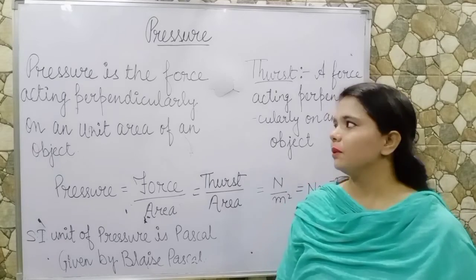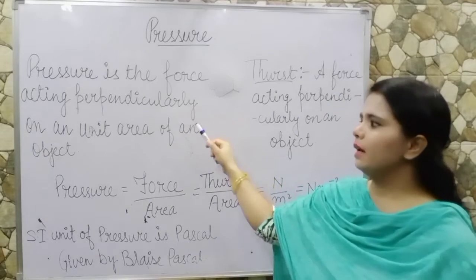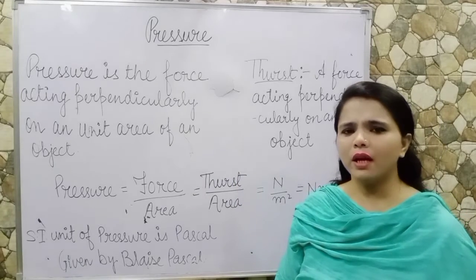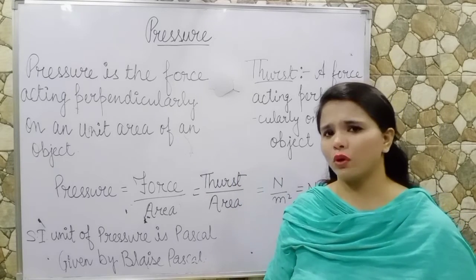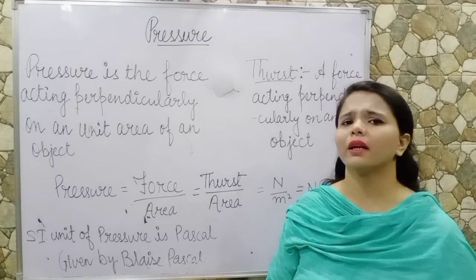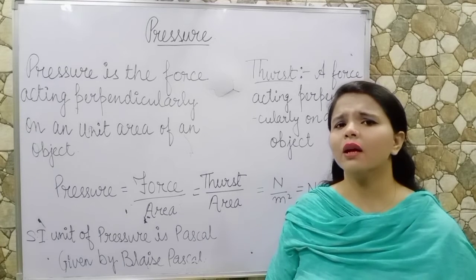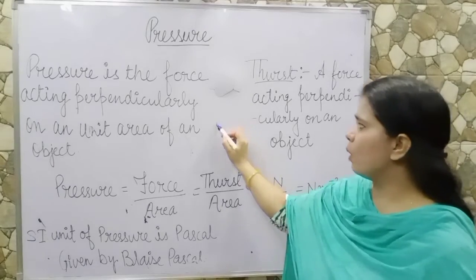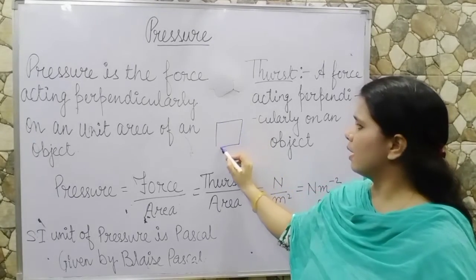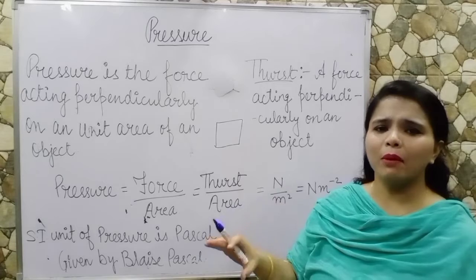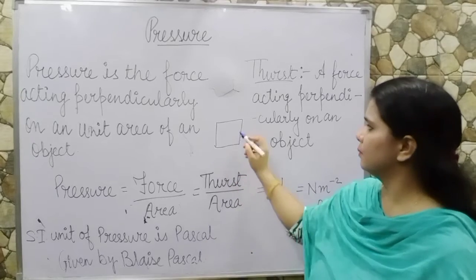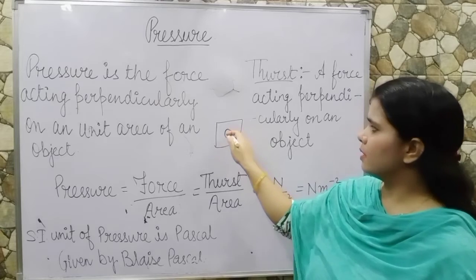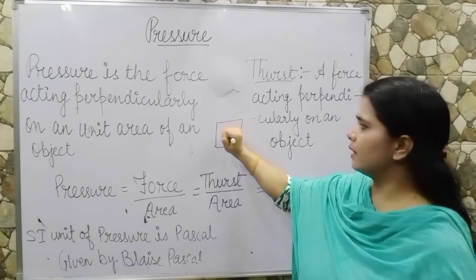Now see pressure. Pressure is the force acting perpendicularly on a unit area of an object. Means pressure is also a force, but pressure is described by an area. Suppose we have an object and we are applying a force on it by a rod, like that.